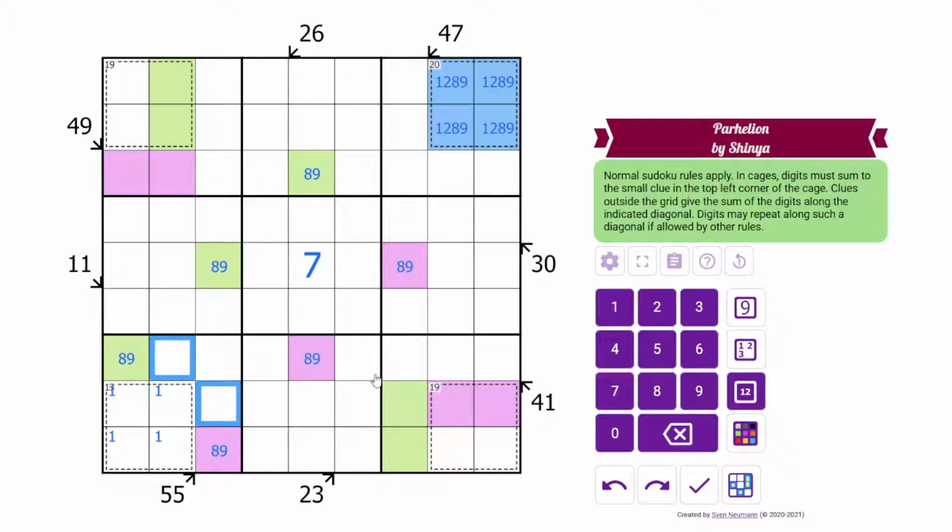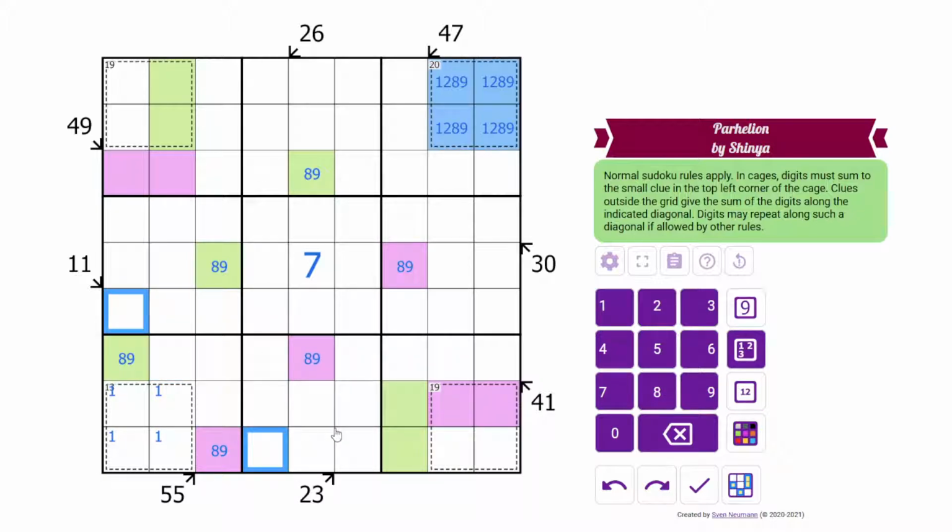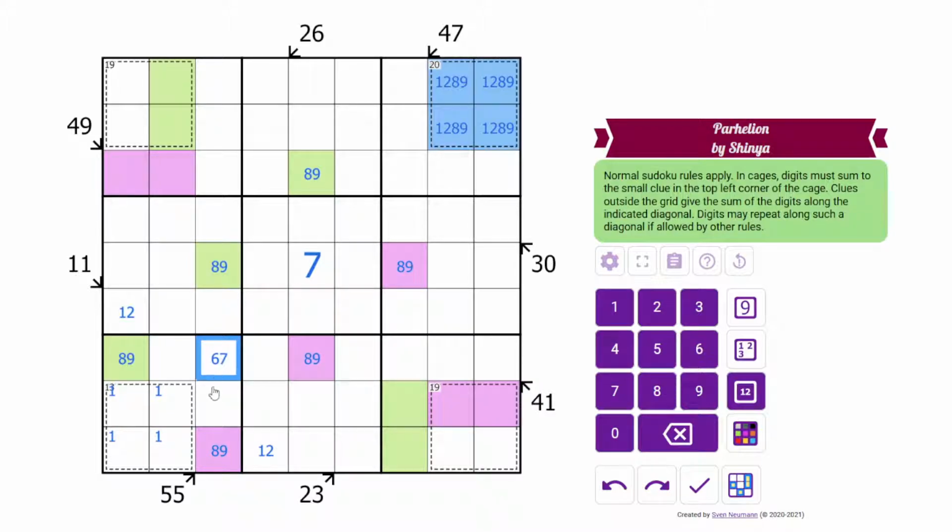Which means these two add up to 3. Means it's a 1-2 pair. They could still both be 1s. So this has to be a 7 or a 6 or a 7. Yeah, because no matter how I built this, if this was a 7, this adds to 8, which means these need to add to 3.